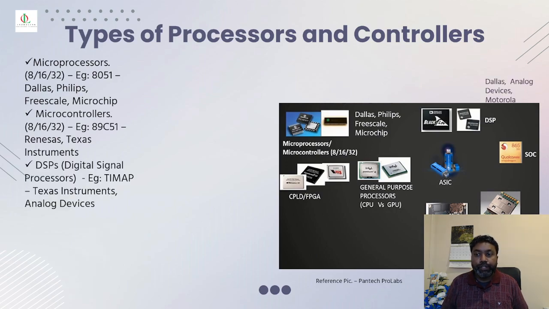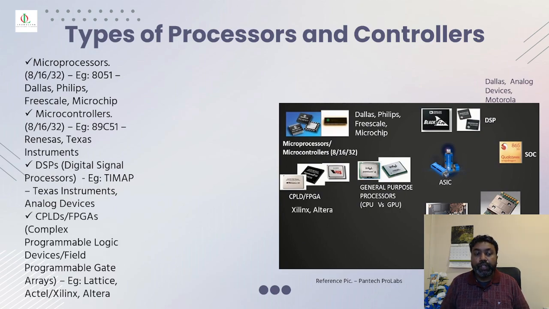The second one on the chart is DSP, digital signal processing. The main manufacturers are Dallas, Analog Devices, Motorola, and I've given you a Blackfin as an example of DSP. The third one on the list is CPLDs or FPGAs. CPLD stands for Complex Programmable Logic Device.